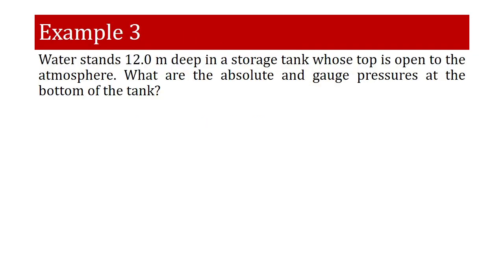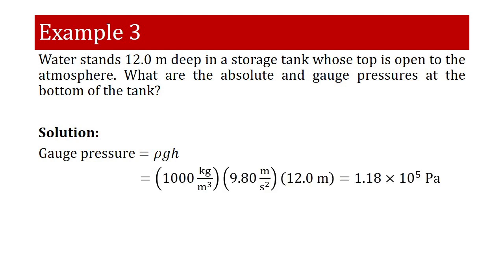Okay, so we go to example 3. Water stands 12 meters deep in a storage tank whose top is open to the atmosphere. Take note, open to the atmosphere. What are the absolute and gauge pressures at the bottom of the tank? For the gauge pressure, we simply use the formula rho g h. The density of water, which you can find in the table, is 1,000 kilograms per cubic meter, times g, 9.80 meters per square second, times the height, which is 12 meters deep.